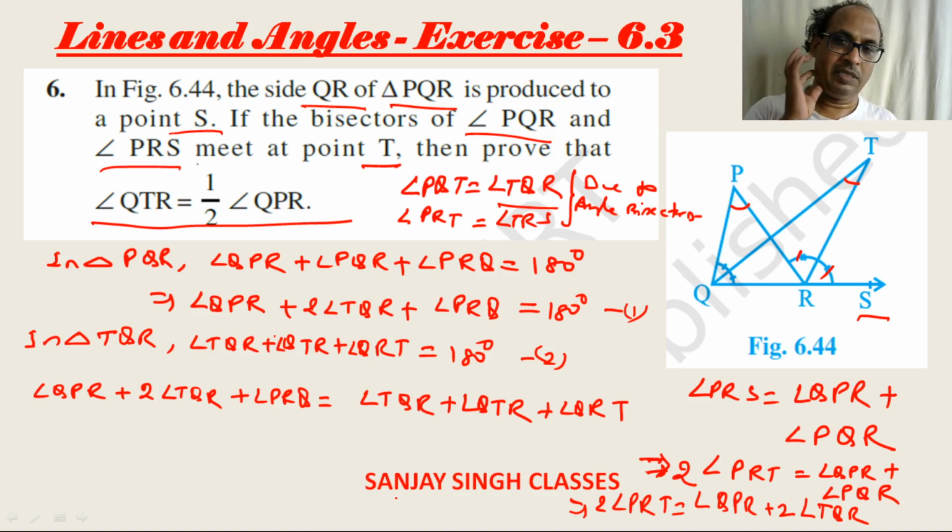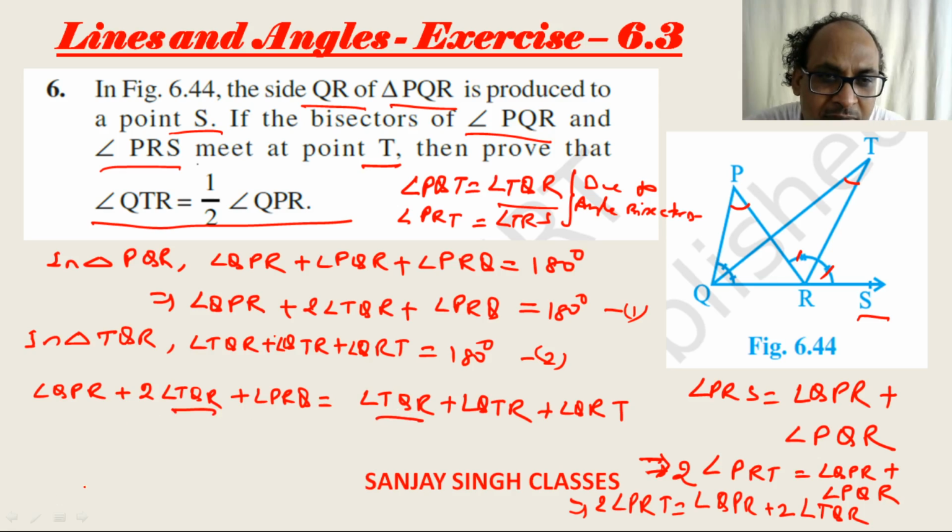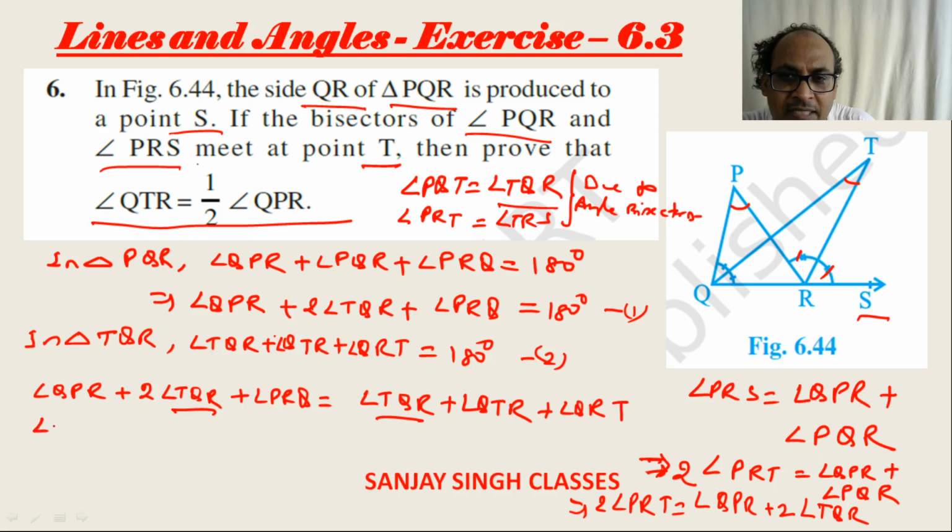And TQR and TQR will be subtracted, so it will give us angle QPR plus, not 2 times now, angle TQR only, and angle PRQ.